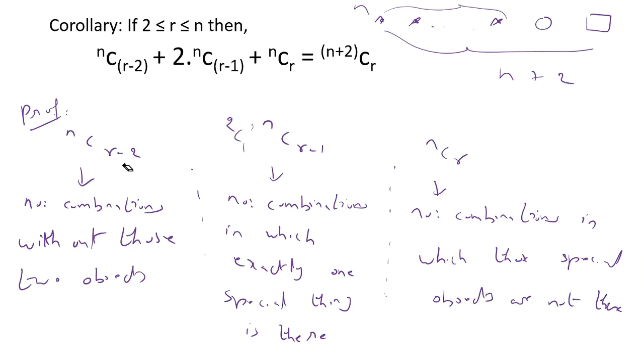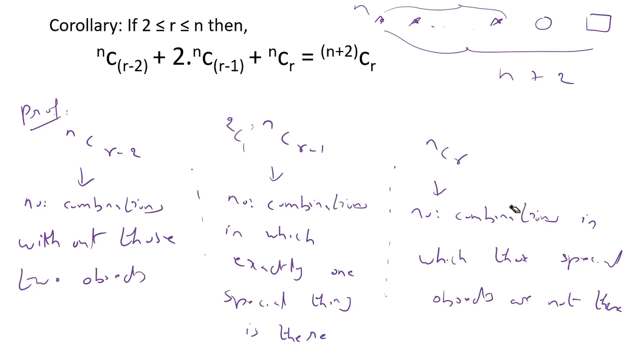And n choose r minus 2 stands for the number of combinations in which those two special objects are there.